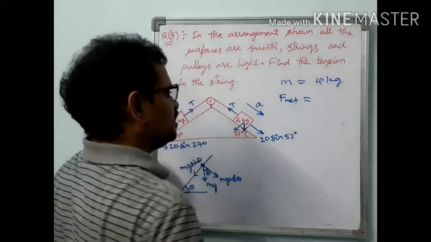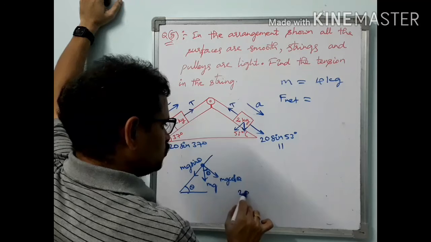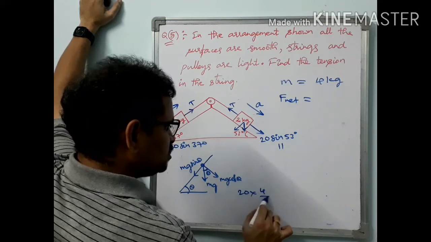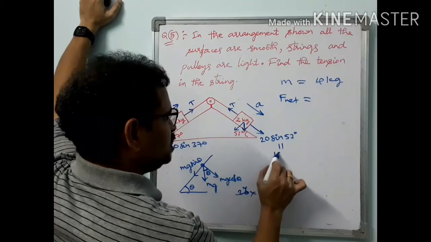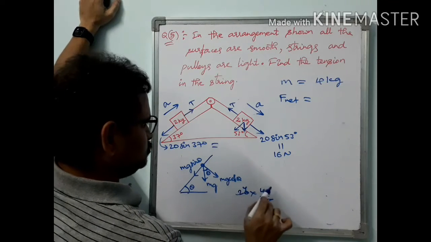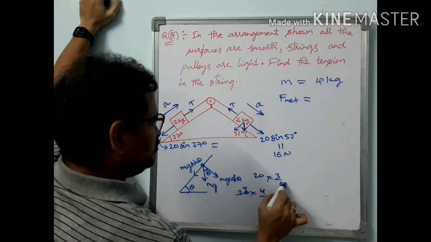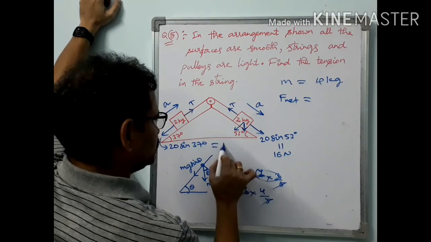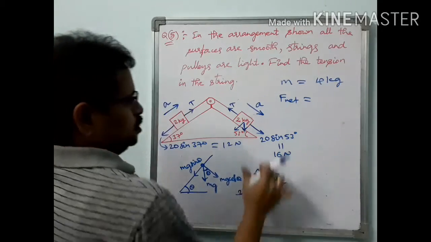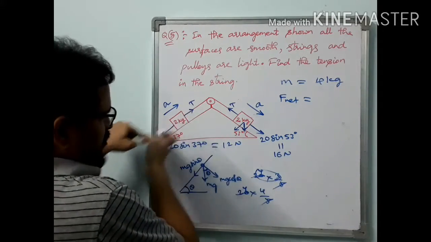So what is F net here? This 20 sin 53 degrees equal to 20 into 4 by 5, that is 16 newtons, while this one equal to 20 into sin 37, which is 3 by 5, that is 12 newtons. So here 16 newtons is acting, here 12 newtons is acting.